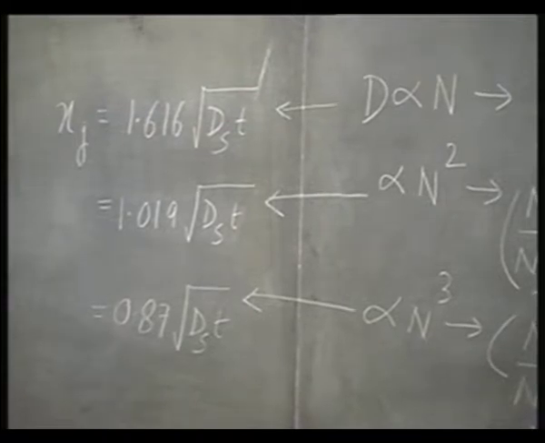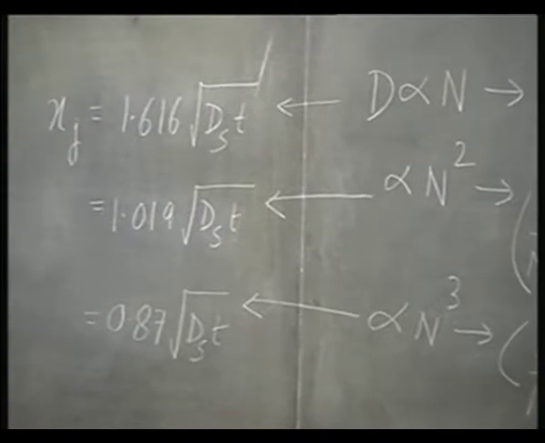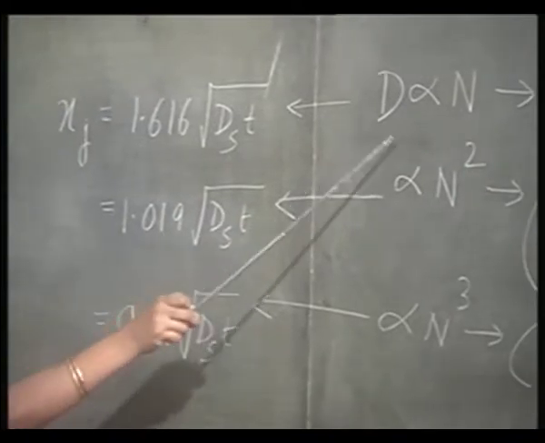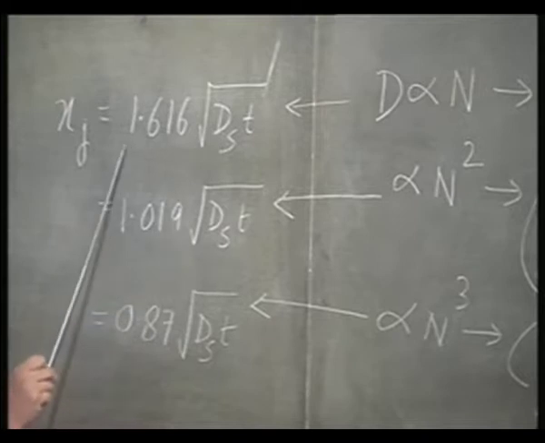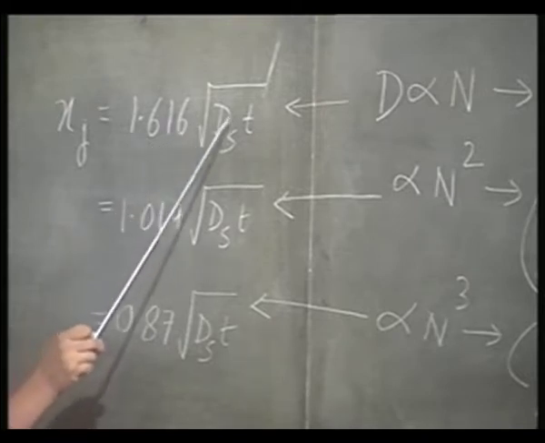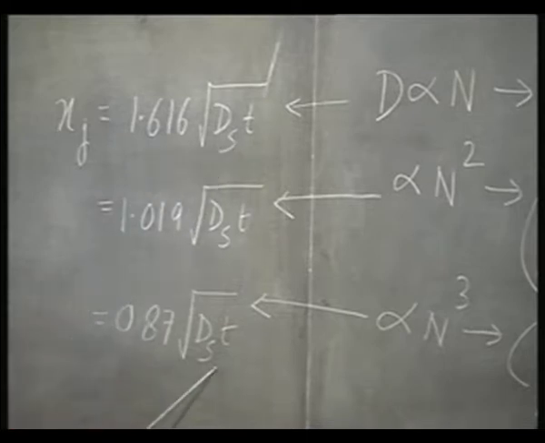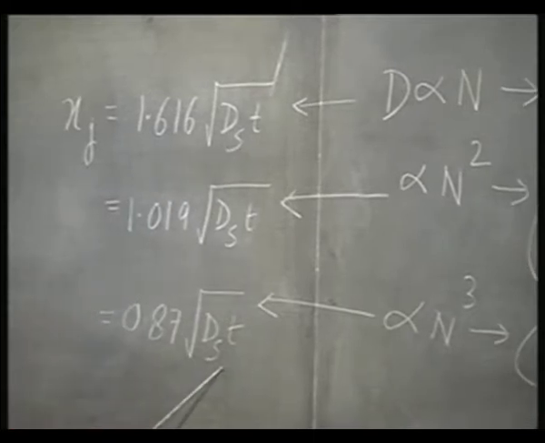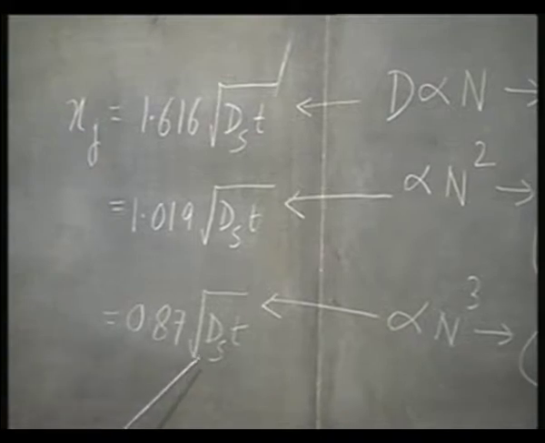That means, if we have the same surface concentration and the same time, then for D proportional to N, the junction depth will be given by 1.616 times square root of Ds t, and in this case it will be about half of that, 0.87 times square root of Ds t.